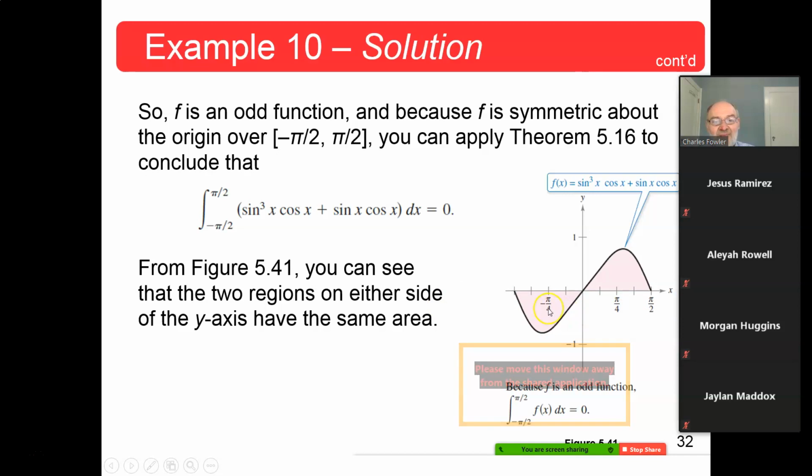So this isn't the same. This is from negative pi halves to pi halves, but where this side is going up, this side is going exactly the opposite. So those are exactly opposite functions.